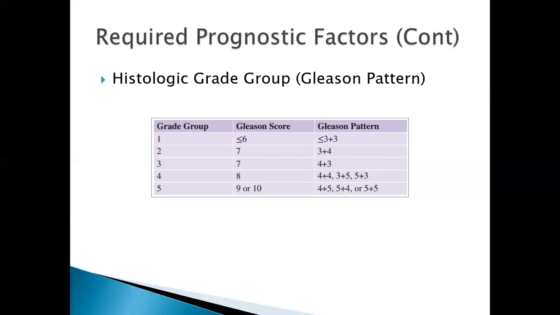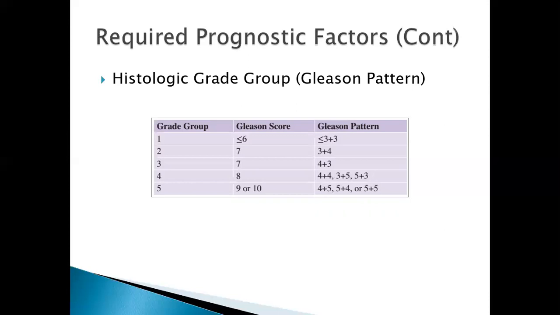This is the grade group table that is used to assign the prognostic stage group, okay? Take the Gleason pattern from the pathology reports to determine the patient's grade group. We'll take the Gleason score from the biopsy and figure out the clinical grade group to assign the clinical prognostic stage.